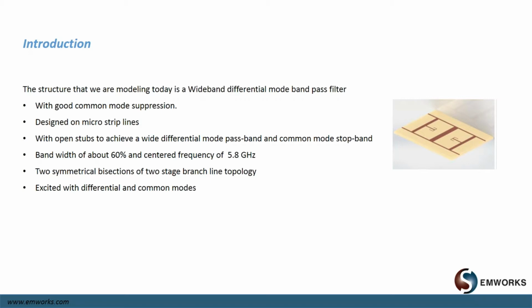The bandwidth of the structure will be about 60%, centered at 5.8 gigahertz. These days 5.8 gigahertz is a very hot frequency, since it's also approved by the ISM, and a lot of applications are operating in this frequency. It has two symmetrical bisections of a two-stage branch line topology, and is excited with differential and common modes.